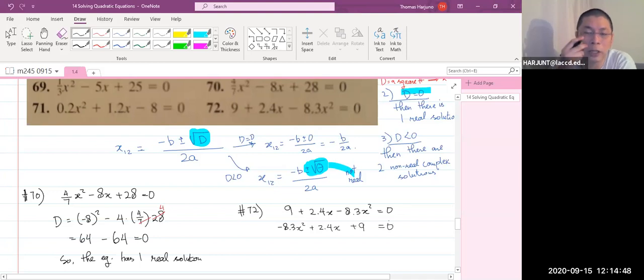I rewrite it in descending order so that the ABC is easier to see. Okay, the discriminant therefore is 2.4 squared minus 4 times a, which is negative 8.3, times c, which is 9.